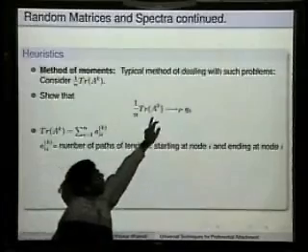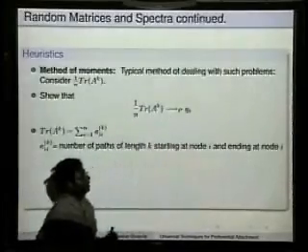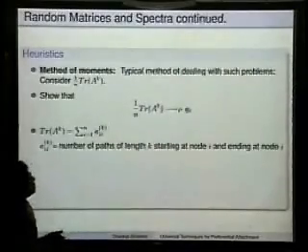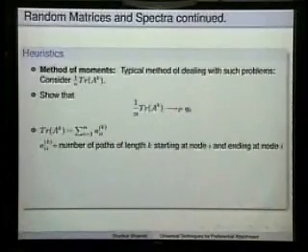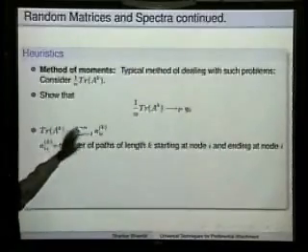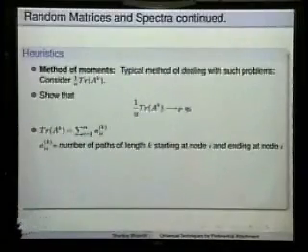You show that this quantity converges in probability to some constant qk for each k, and then show that these constants qk uniquely determine a measure. This is the usual way of showing that the empirical distribution of the spectra converges to something.